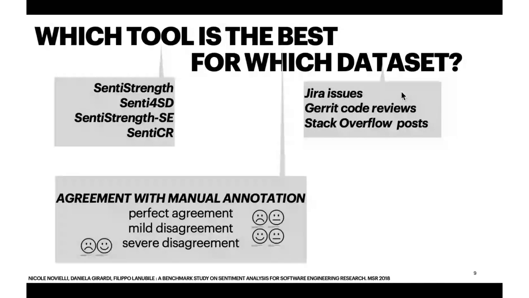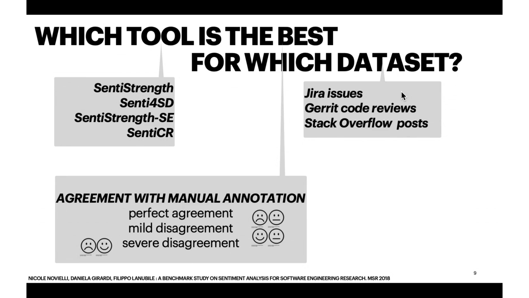So there was a human being, or actually a group of human beings, that was manually annotating the statements from Jira, Gerrit, and Stack Overflow to indicate whether those statements are positive, negative, or neutral. And then, if the tool has a perfect agreement with manual annotation, we are very happy.